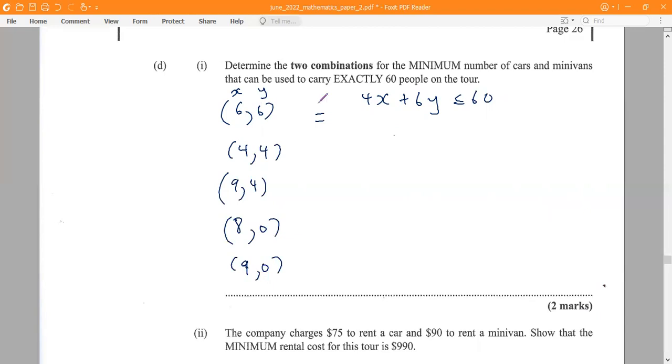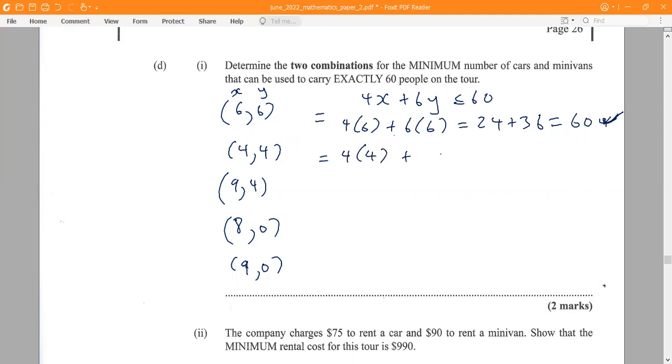So we have 6 cars. So 4 times 6 plus 6 times y, which is 6, that'll be equal to 24 plus 36, which is exactly 60. So this is one that we want. And over here now, we are substituting values of x into our equation: 4 times 4, and then y is equal to 4 now.